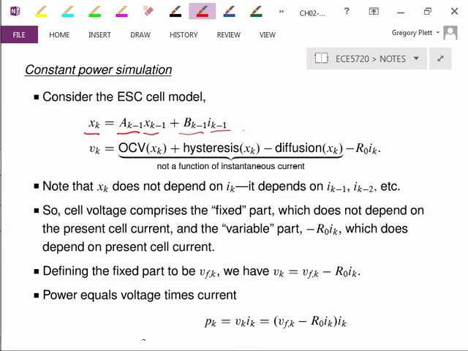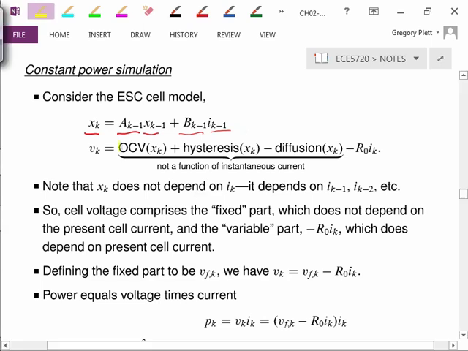There's something super important to grasp from this, which is that all of these elements in voltage are a function of the state members at this point in time.